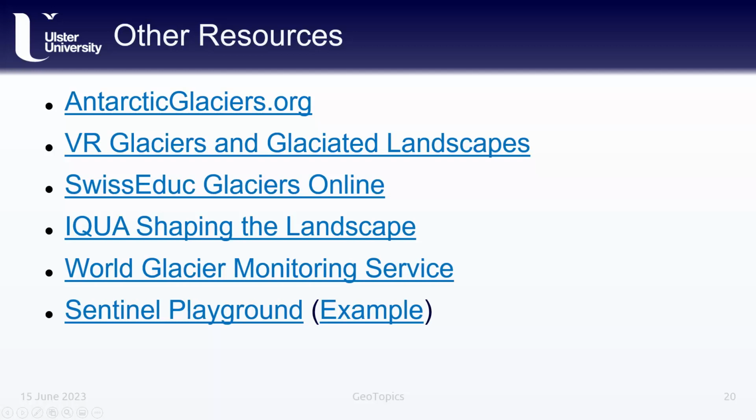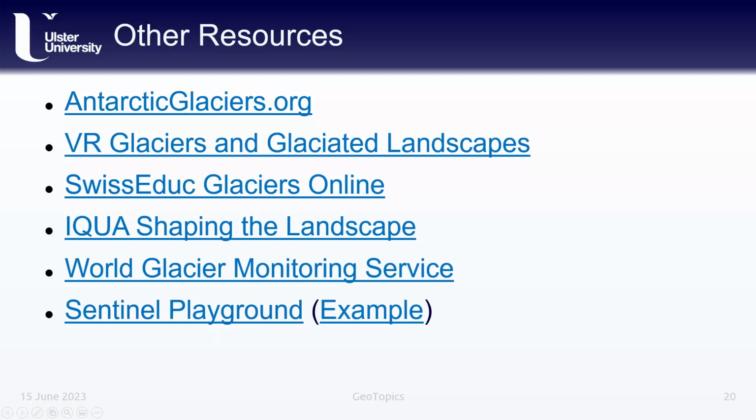There's a link to some different virtual reality field trips where someone actually put a camera on their back, walked up into the mountains to take some really cool 3D images of the landscape that you can then look at through their viewer. The Irish Quaternary Association has a number of resources as well, as does the World Glacier Monitoring Service, the WGMS.